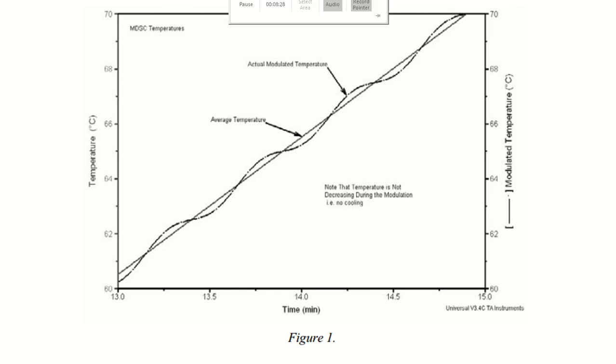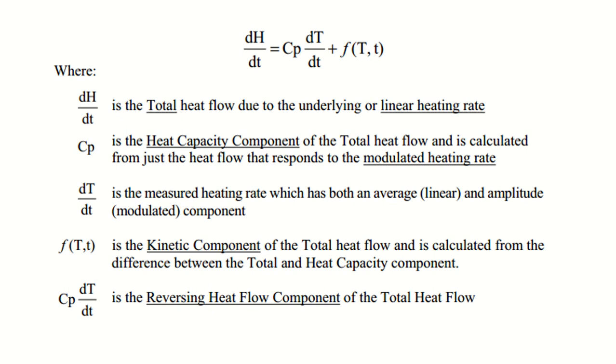A brief examination of the equation used to describe the flow signal from DSC or modulated DSC experiments shows the benefit of dual heating rates: dH/dt equals Cp dT/dt plus f(T,t).